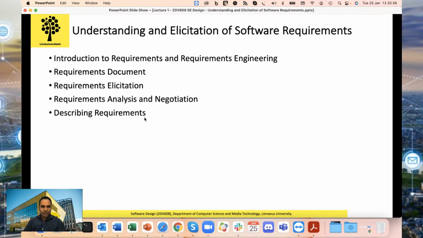Then how can we elicit requirements, and how we can analyze and negotiate requirements. And last but not least, the fact that requirements should be described using clear language rather than ambiguous and unclear language. So describing requirements properly is also important in requirements engineering.